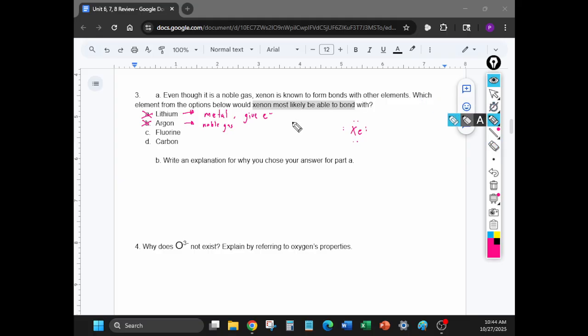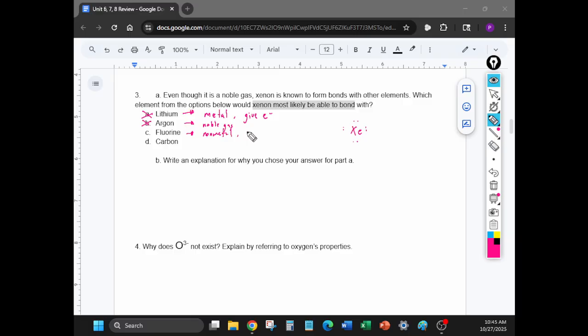Now, if you remember, what type of element is fluorine? Yeah. It is a gas at room temperature, but what type of element? It would receive. So lithium was a metal. What's fluorine? Non-metal, yeah. And if you remember, how do non-metals want to form bonds? They either receive from metals, but what do they do with other non-metals?